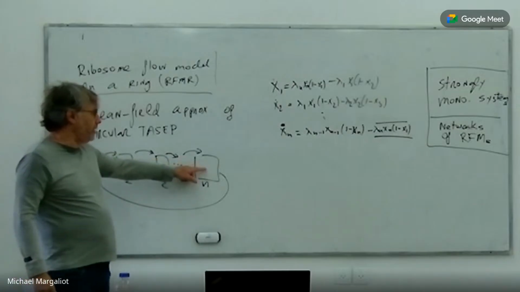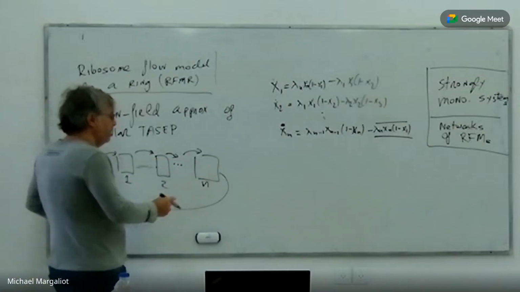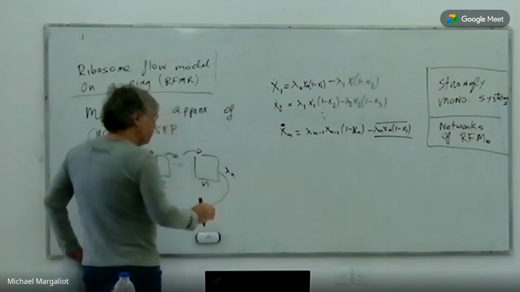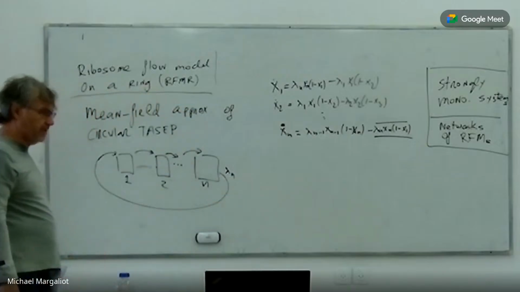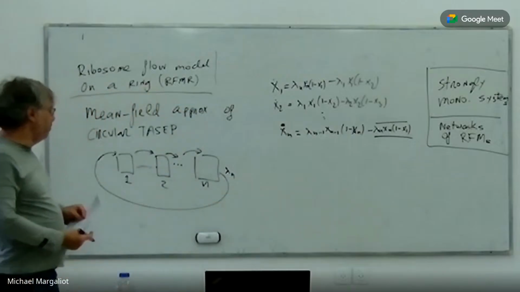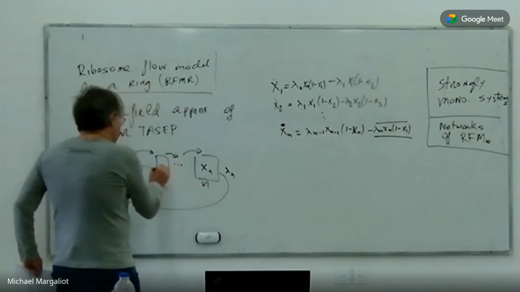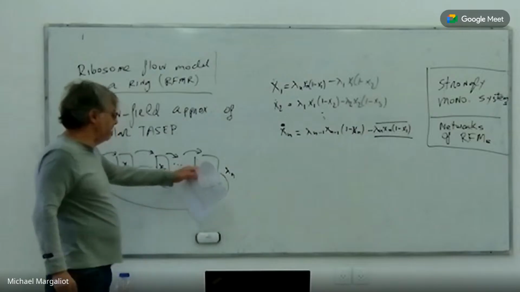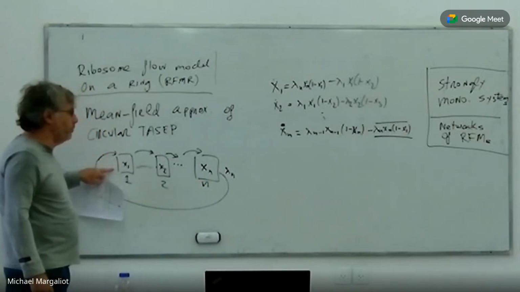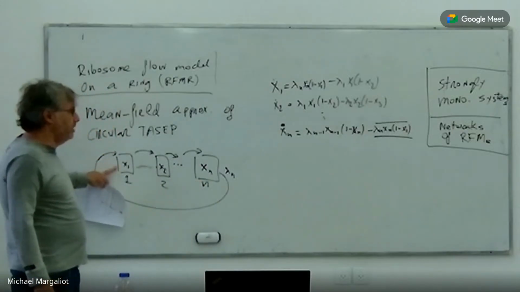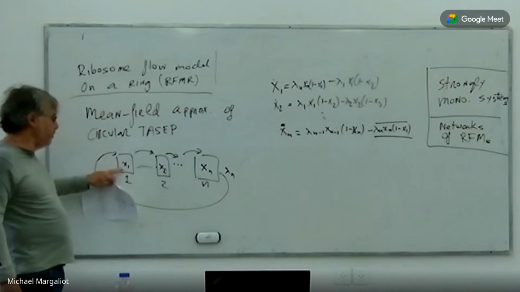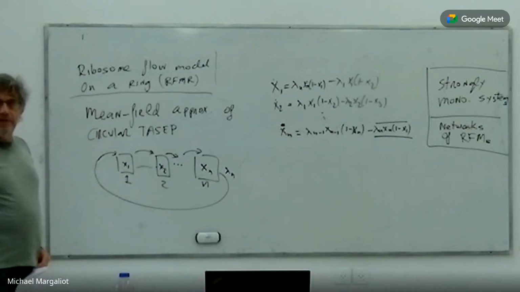It is proportional, first of all, to λ_n, which tells me how easy it is to leave the last site. It is proportional to the density in site number n. If there are more particles, more will go to site number 1. And it is proportional to the free space in site number 1, which is 1 − x_1.